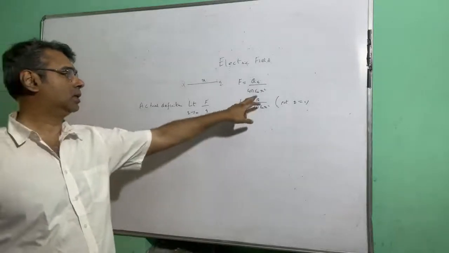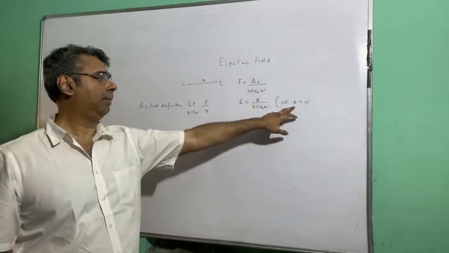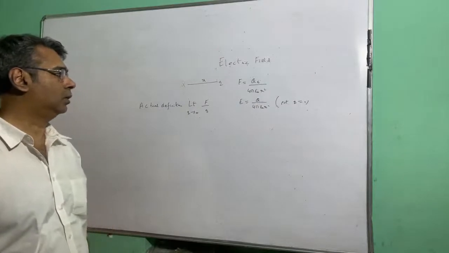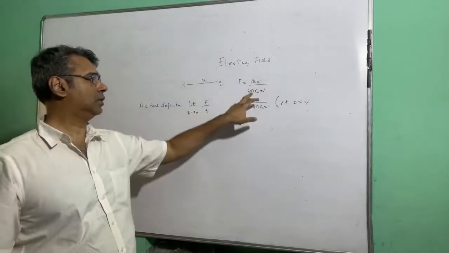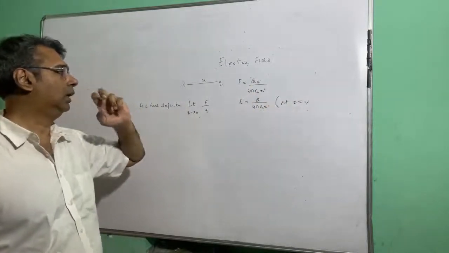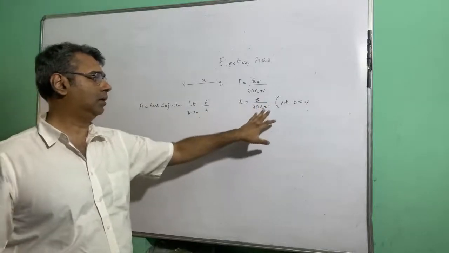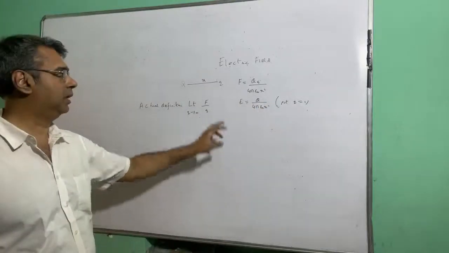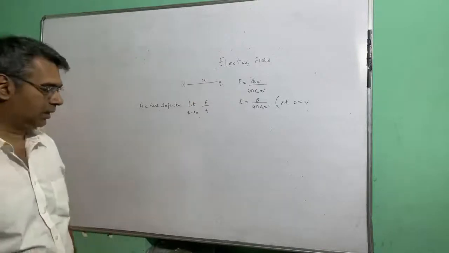Now in this expression for force, suppose you put small q equal to 1. Then whatever you get is called the electric field at, so let's give a name to this point.